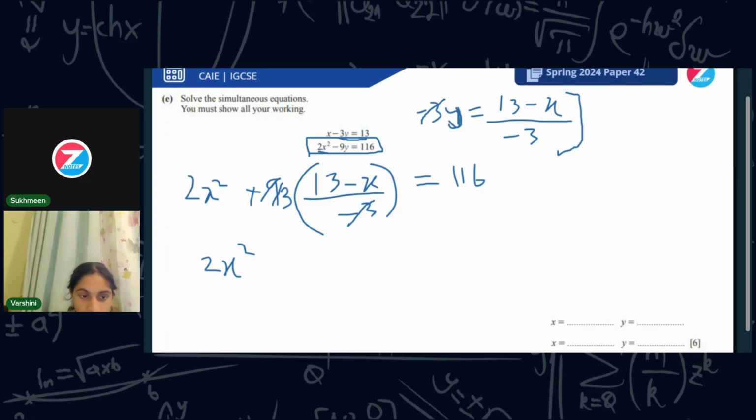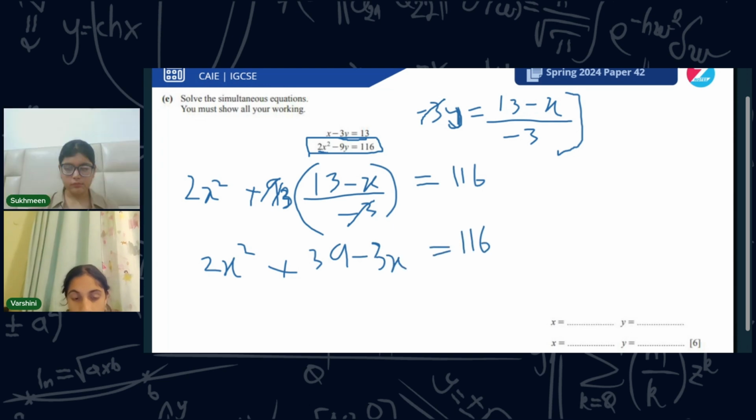So that's going to be plus 3 into 13 and 3 into minus x. So you put 3 into 13 in your calculator, you should get 39. So plus 39, and plus 3 into minus x will give us minus 3x, is equal to 116.